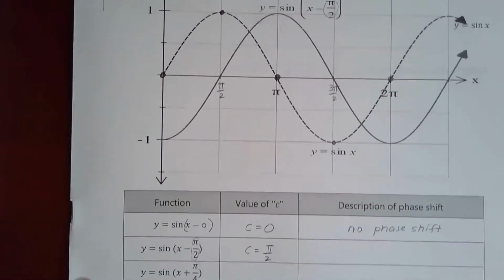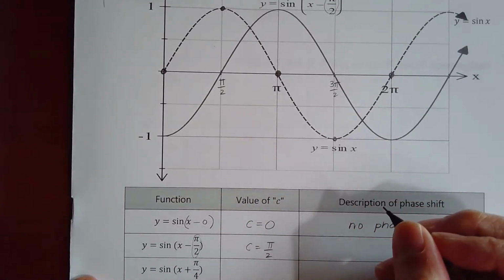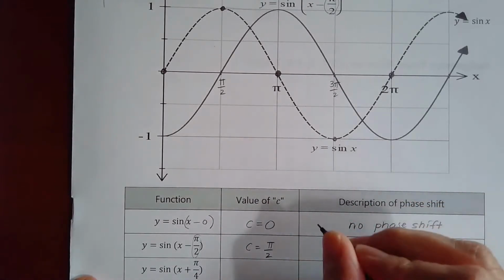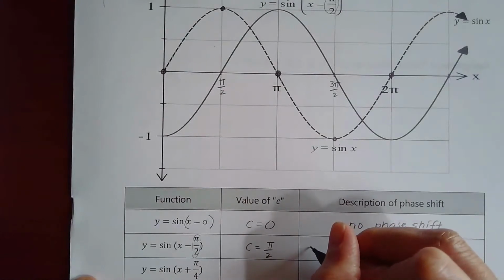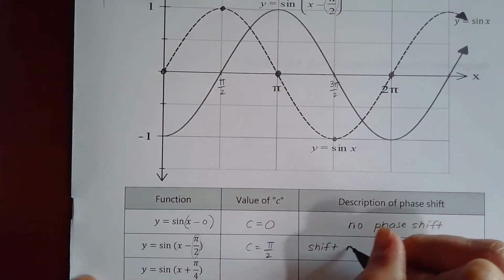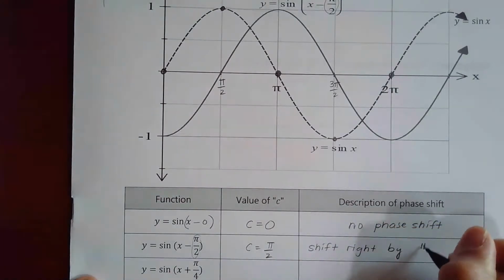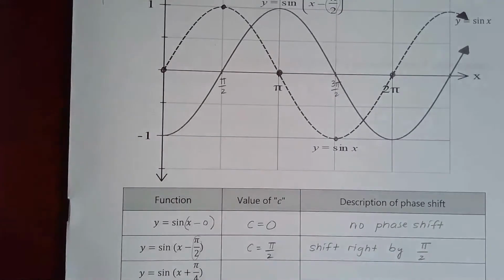So that means we're shifting the graph to the right by pi halves. Okay, so shifting to the right by pi halves.